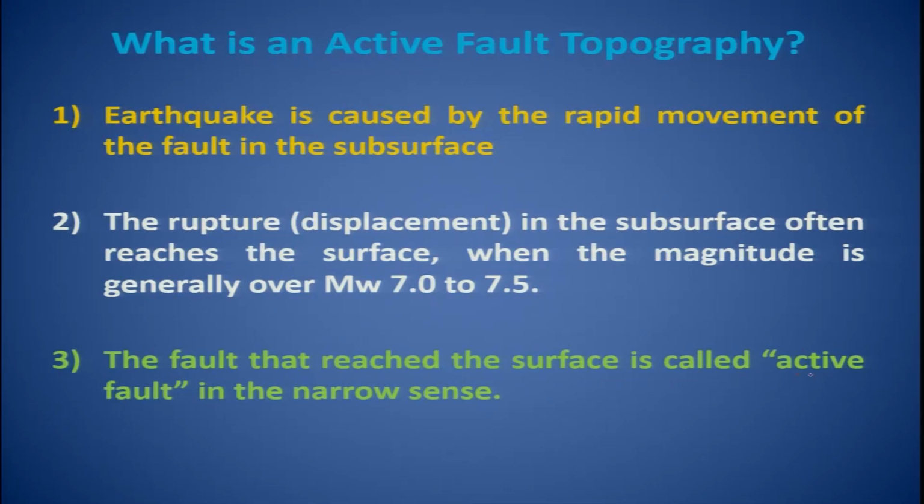So, in strict sense, if we say that we will consider the faults as an active fault only if we see the surface topography or the displaced surface, then that may not be completely true. So, in narrow sense, we can say that okay, fine, whatever the displacement which is reaching right up to the surface along the faults is termed as active fault.